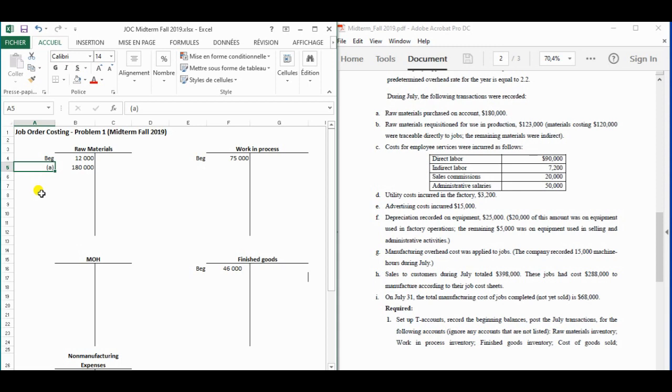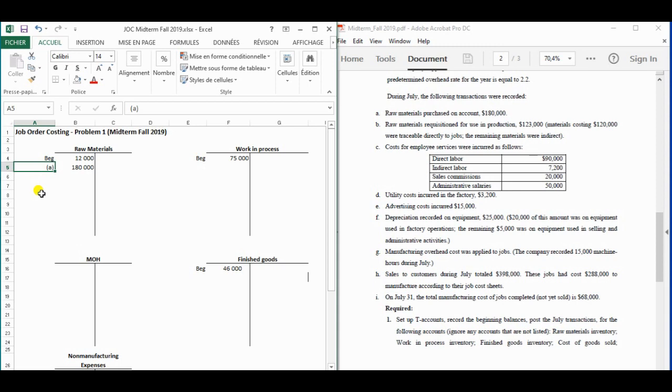We will credit raw materials inventory by 123,000, and these raw materials are, so materials costing 120,000 were direct materials, and the remaining materials were indirect.